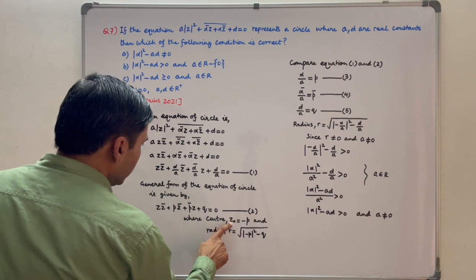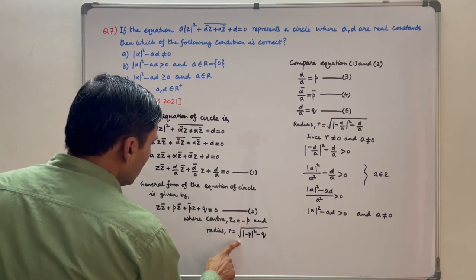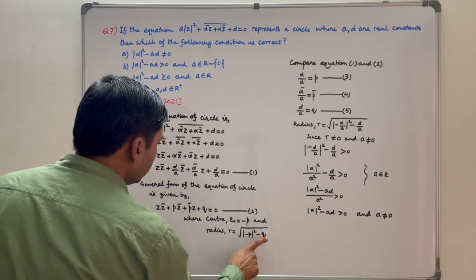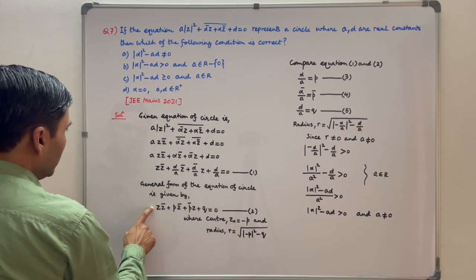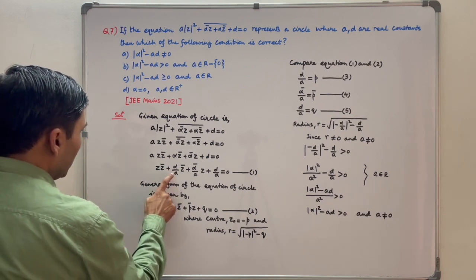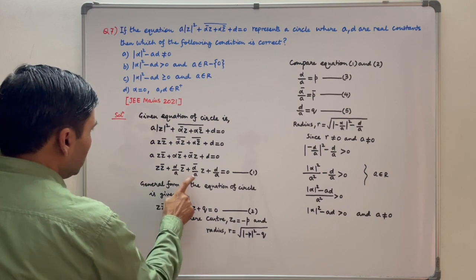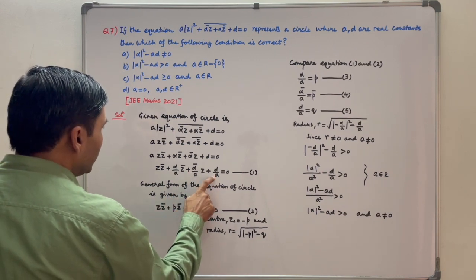Here center z0 is equal to minus p and radius r is equal to the square root of |−p|² − q. Now compare equation 1 and 2 term by term. So p is equal to α/A, p̄ is equal to ᾱ/A and q is equal to d/A.